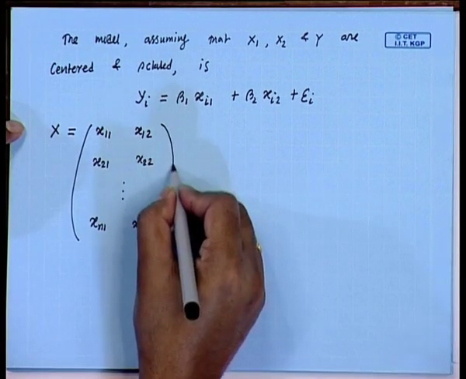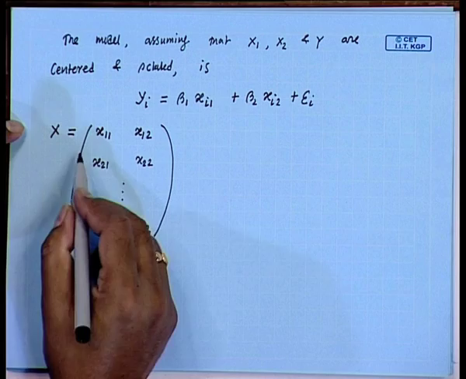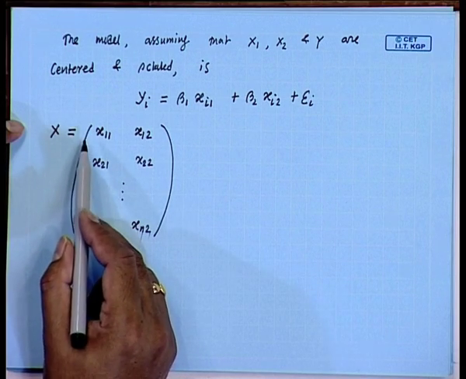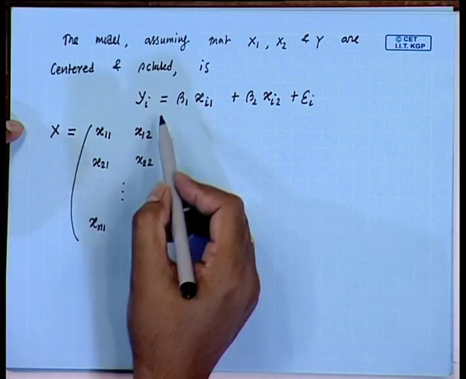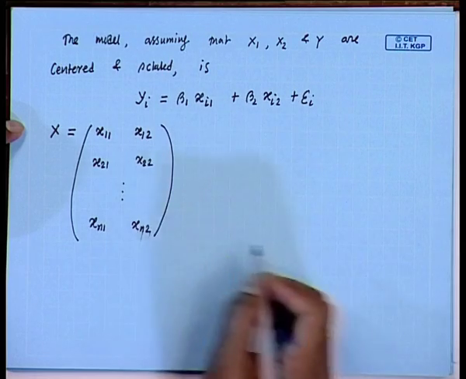See that the column of 1s is not there, that column is associated with the intercept beta naught.